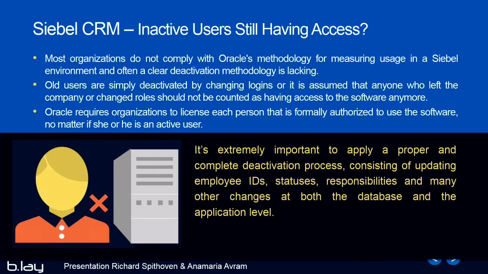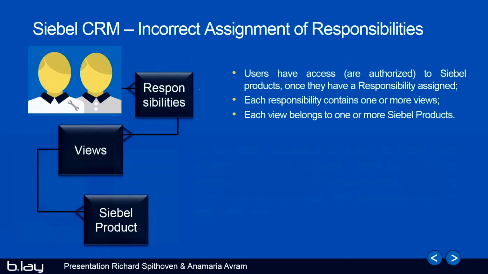Another very common compliance issue is the assignment of responsibilities. Users have access to the Siebel products once they have been assigned a responsibility. Each responsibility contains one or more views. Each view belongs to one or more Siebel products.